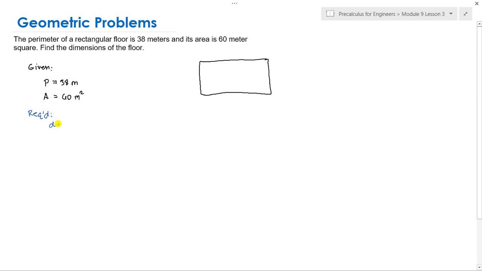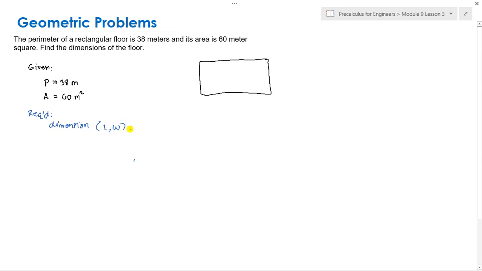That is the dimension. And since this is a rectangular floor, what exactly are the dimensions of a rectangle? What are the dimensions of a rectangle, class? Okay, length times width. Correct, length and width.